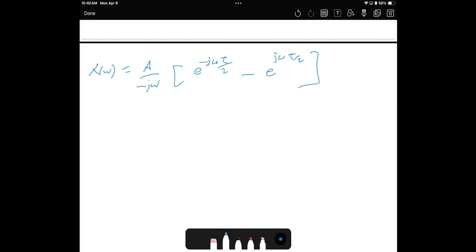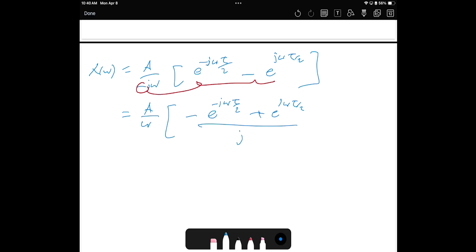Let's put the negative j on the other side. So A over omega, and I will swap and absorb the negative here. So basically it will be e to the power j omega tau over 2 minus e to the power negative j omega tau over 2, divided by j.